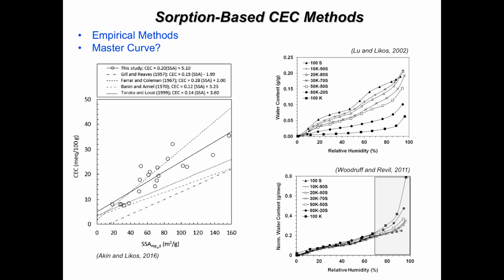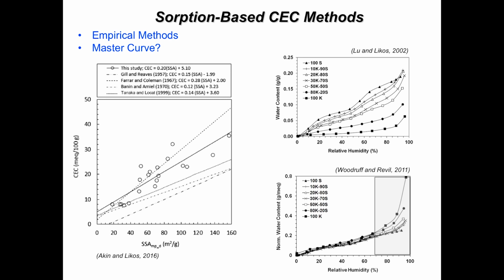Another approach that seems to be showing some promise is using water vapor sorption to do this. And so just to illustrate this point, in the upper right here, these are sorption isotherms. This is an end-member pure kaolinite down here and an end-member sodium smectite up here, and then mixtures between. Not surprisingly, the sorption response is systematically related to the percent smectite, if you will, in the mixture.